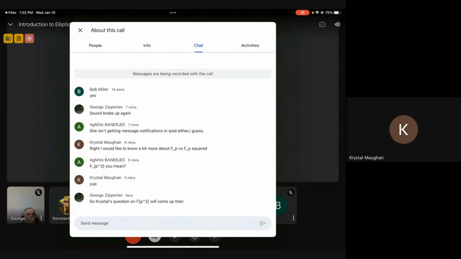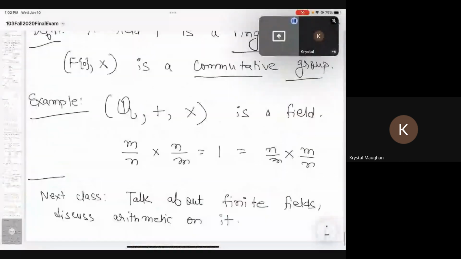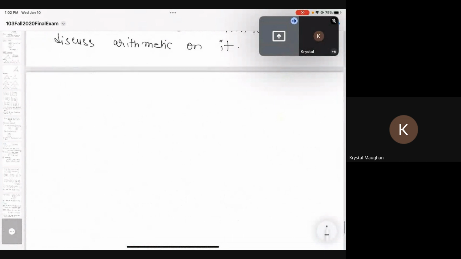And Fp squared is basically, I can just talk briefly about it. So let's just take a specific p, F3. This is a finite field of 3 elements.